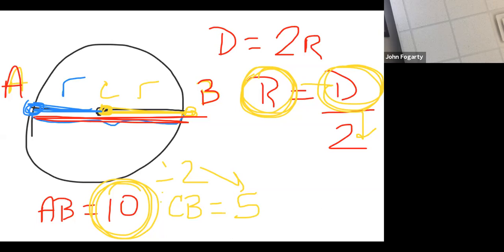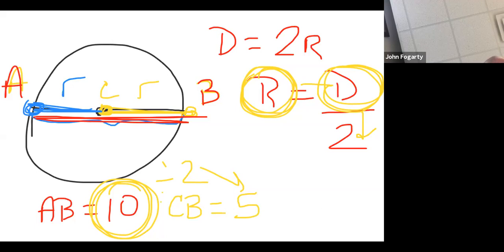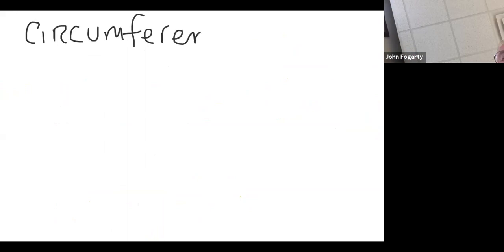All right, so then we took that information and expanded it to start talking about circumference. What's circumference? If I ask you for the circumference of a square, does that make any sense?